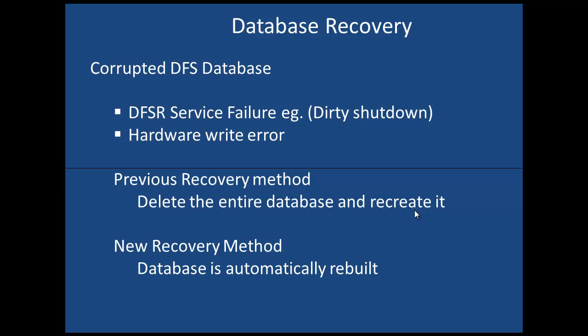We recently had a case where our file server ran out of space, and as a result, DFSR was abruptly stopped. So the replication service detected that an unexpected shutdown was on that particular volume.